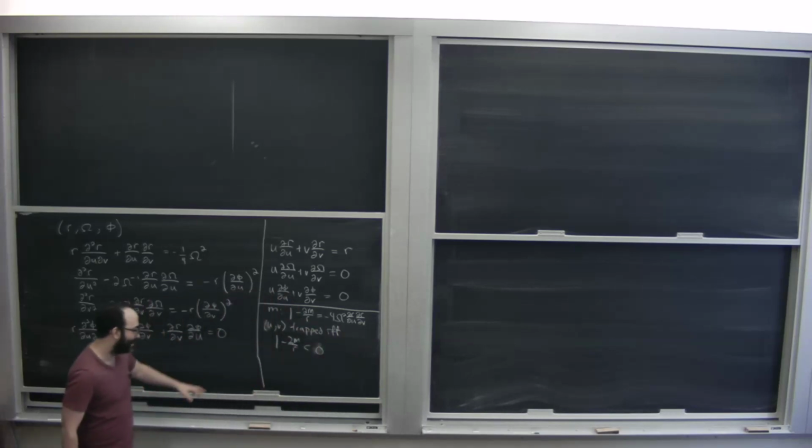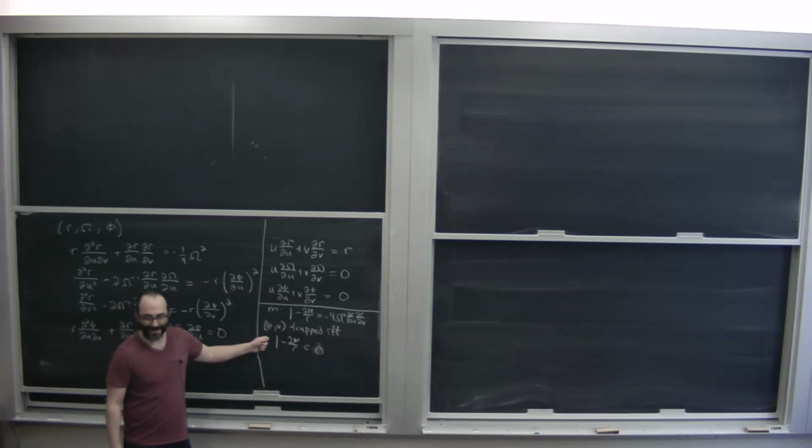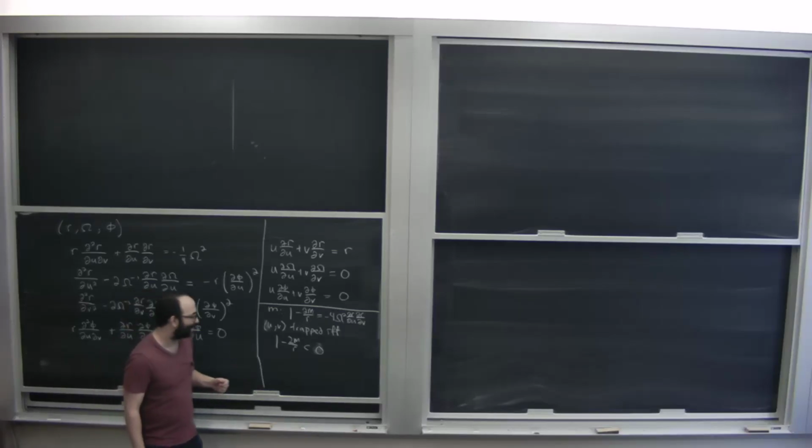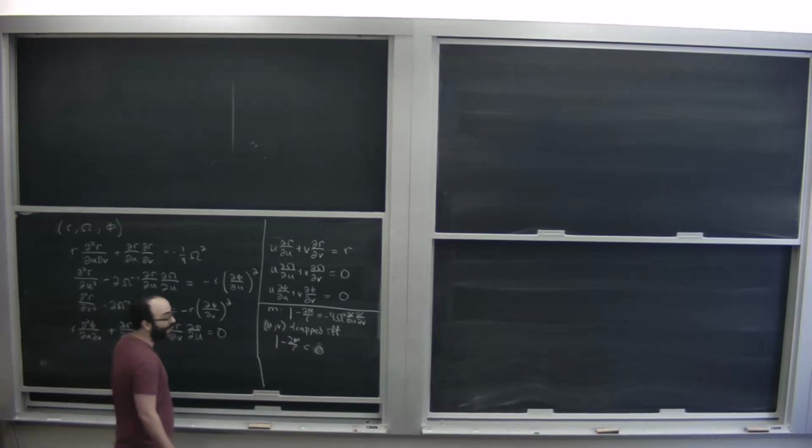If you ever forget what this should be, just think about Schwarzschild. You have to remember the Schwarzschild metric, and there's this 1 minus 2 over r, where the switch in sign corresponds to moving into the black hole region. That's how you can remember that relation. Any questions before we get going?